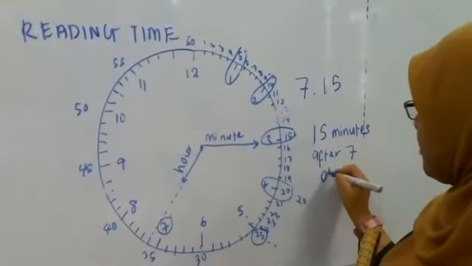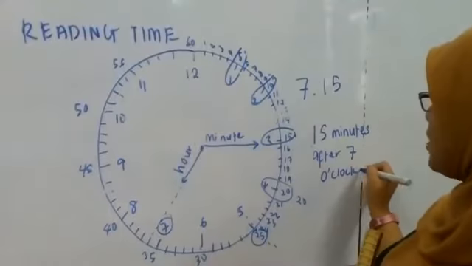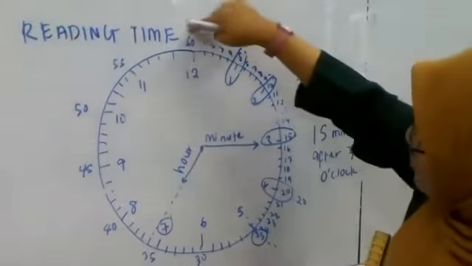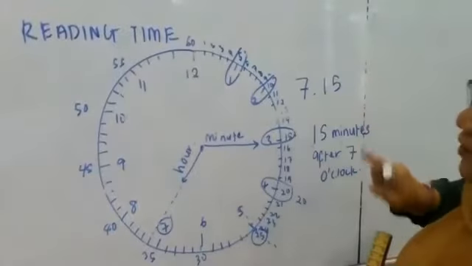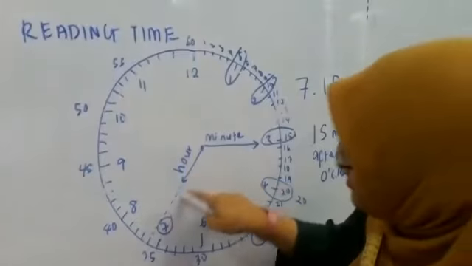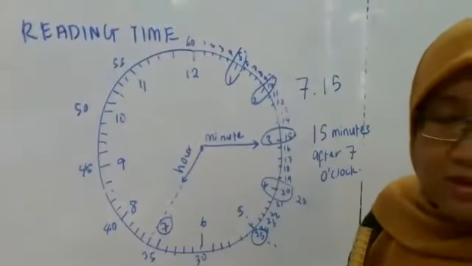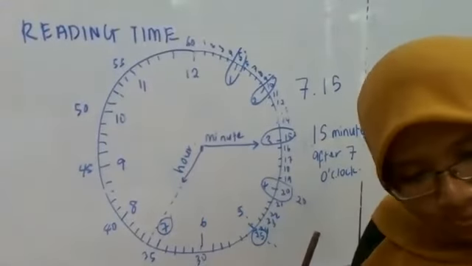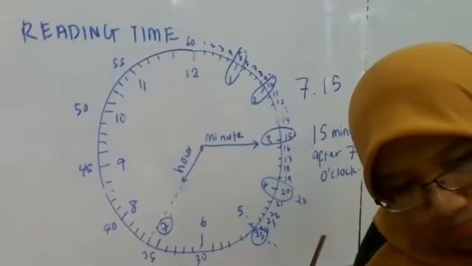After 7 o'clock. So it is 15 minutes after 7 o'clock. Okay, alright. So that's how you read the clock. Isn't it easy?